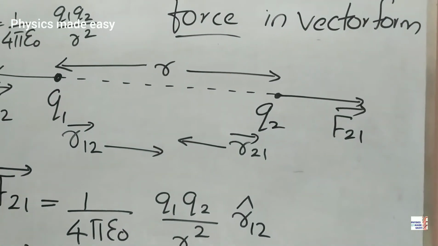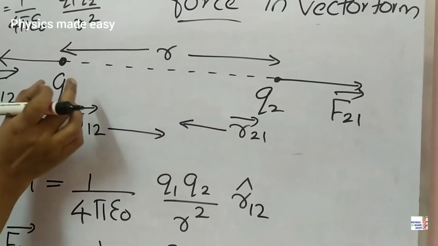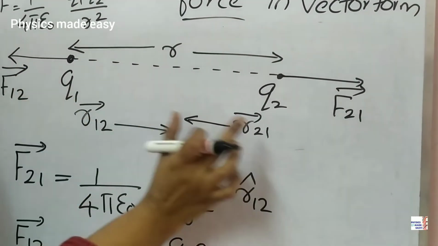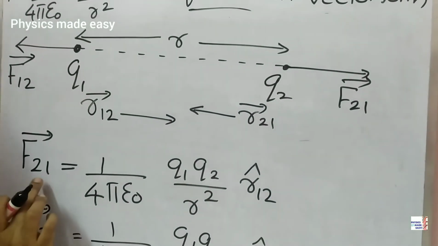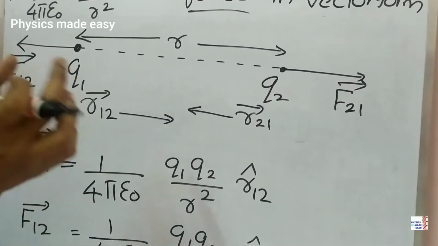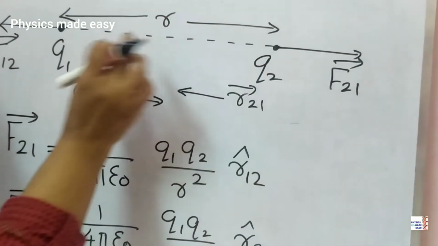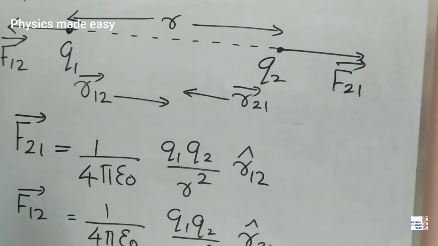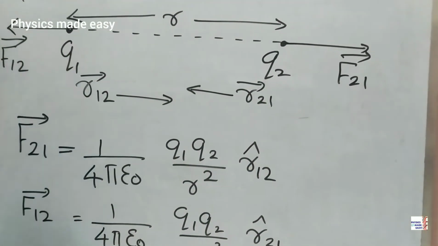Maybe force of attraction or repulsion between these two charges we can say. Here you can see the expression F21. What is that F21? The force acting on Q2 by this Q1.